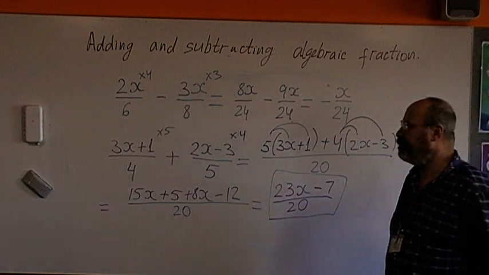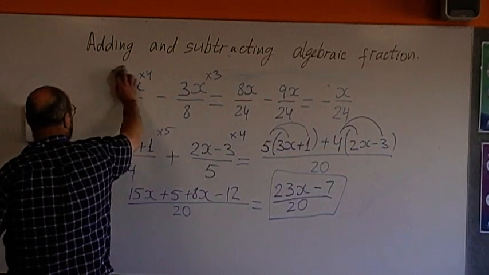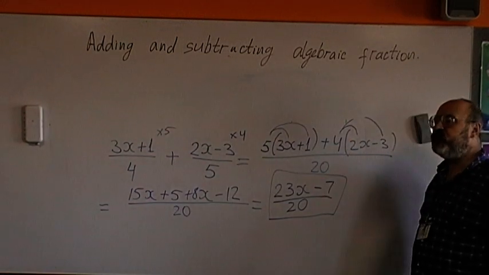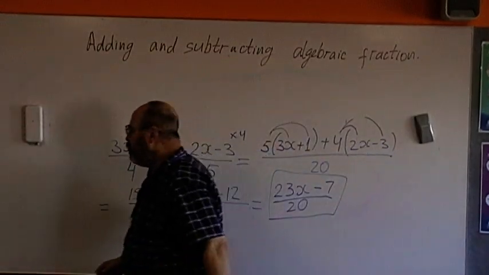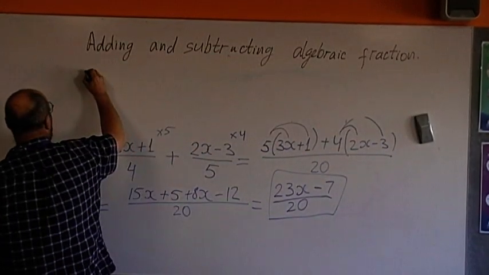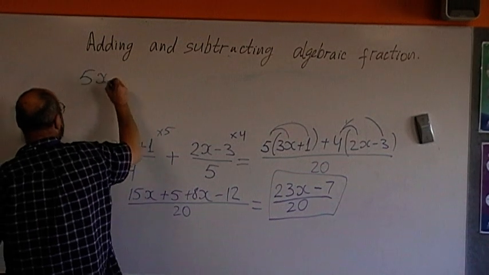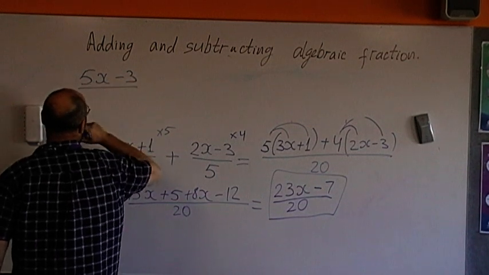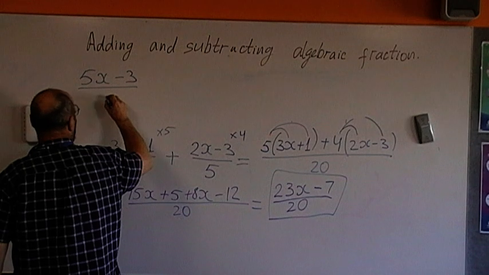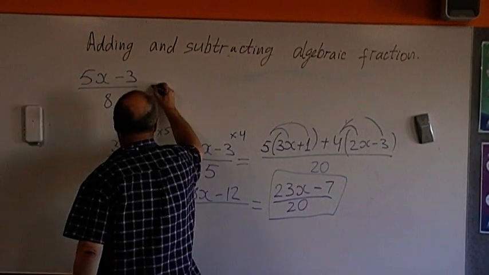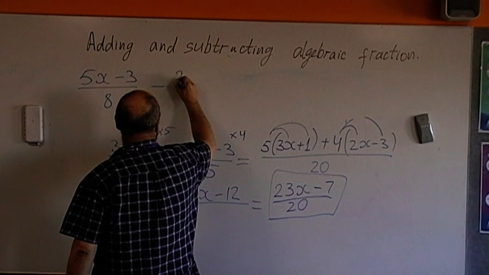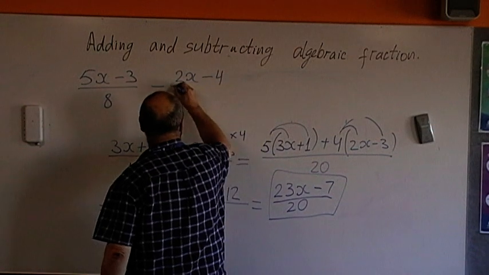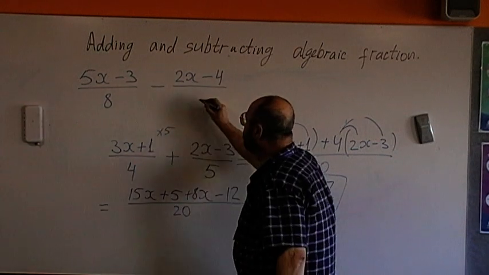Next example. Let's consider the next example. Let's do 5x minus 3 over 8 minus 2x minus 7 over 12.